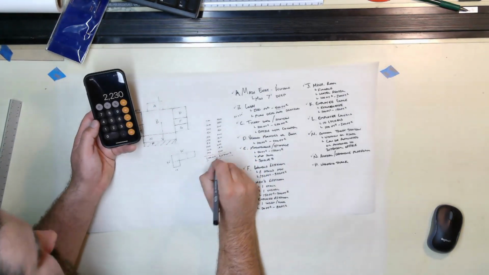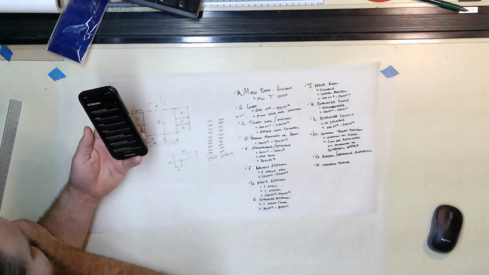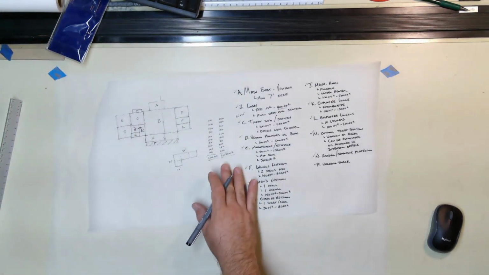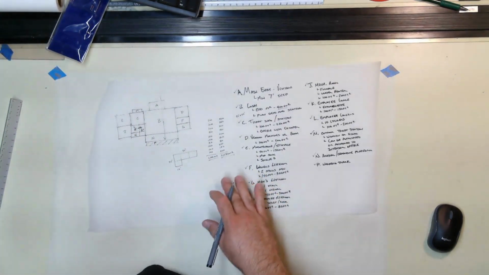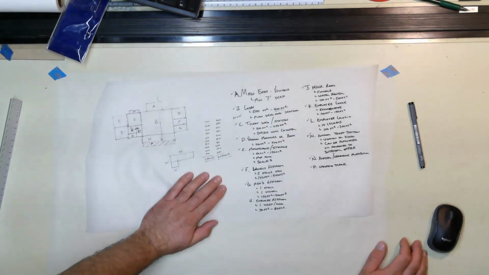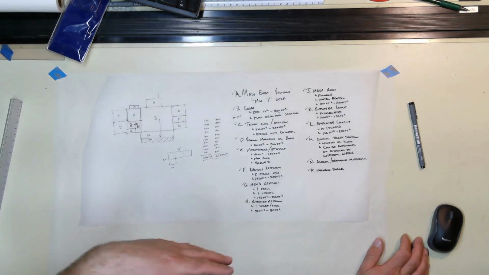So not huge buildings. If you're a little off on that, I'm not too worried about it. But don't make your building 4,000 square feet. It's just going to make it harder in the long run to get everything to fit.